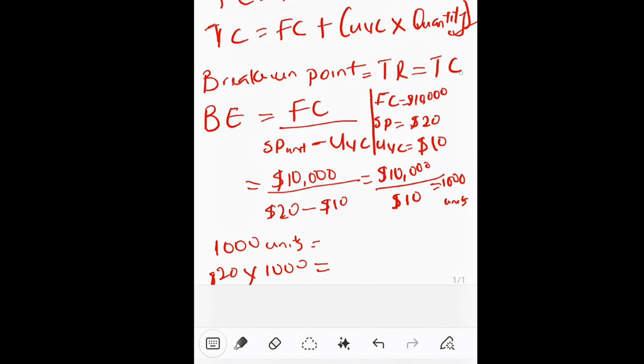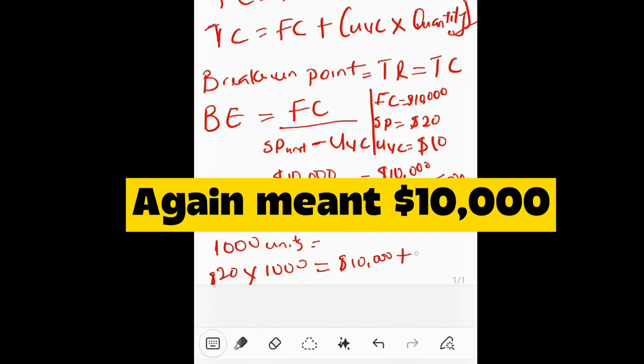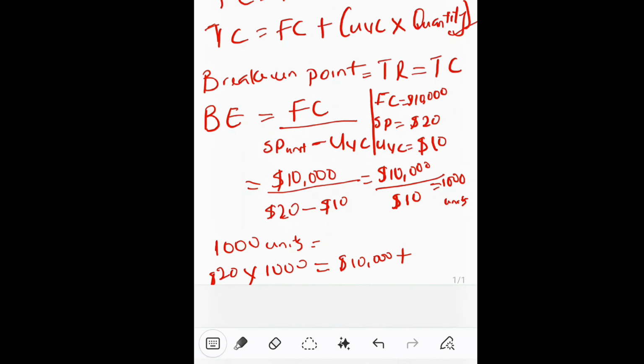Equals, what's the total cost? Fixed cost plus variable cost. What's our fixed cost here? Our fixed cost is $10,000, plus the variable cost. What's our variable cost? Remember, our variable cost is the unit variable cost multiplied by units. What is our unit variable cost? $10. And the unit we got is 1,000. Our break-even unit is 1,000.